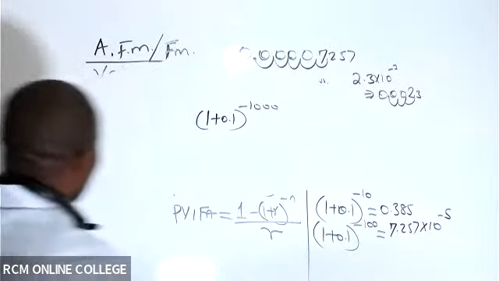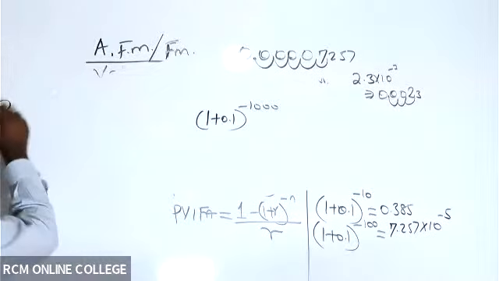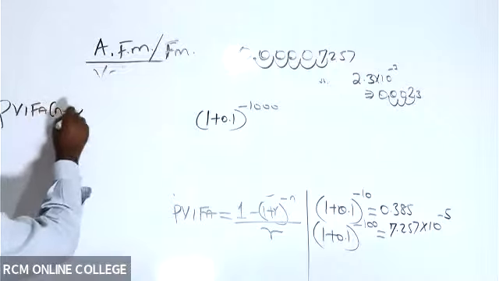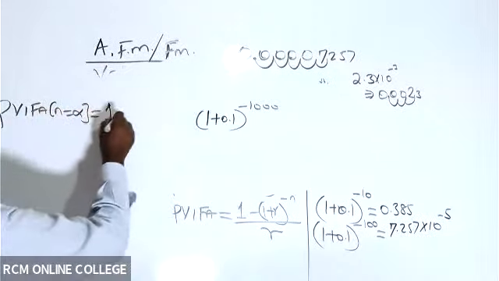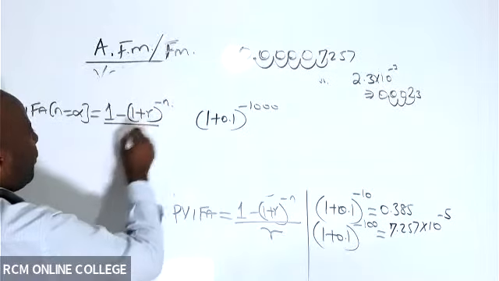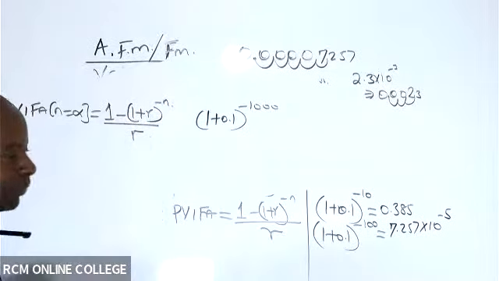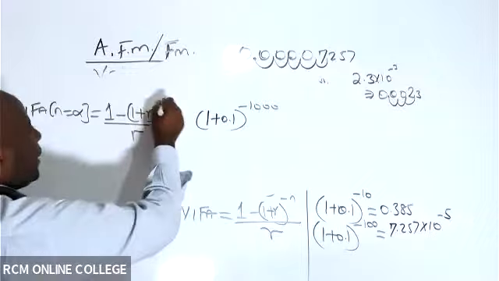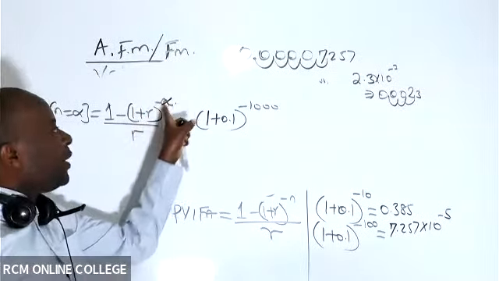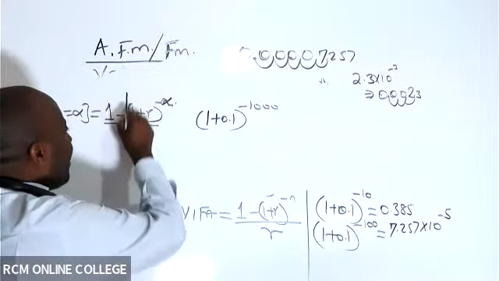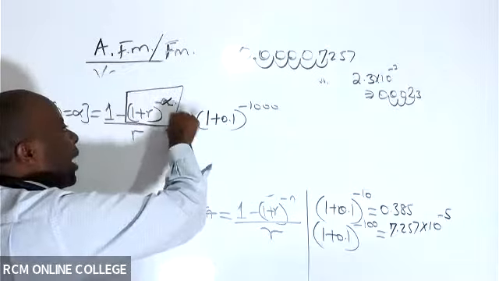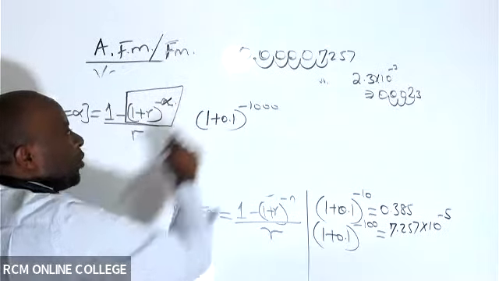Now, if you remember very well, we're looking at PV-FA when N is infinity. So when N is infinity, you're saying it's 1 minus 1 plus R raised to negative N, divided by R. When this N becomes big and big, this number here becomes smaller and smaller, and it is tending towards 0.